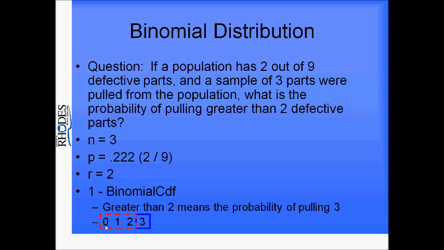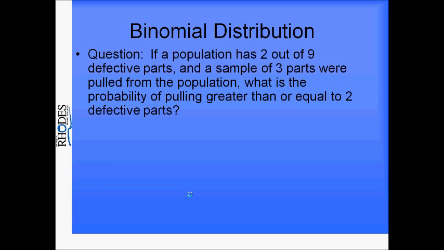You have to subtract out the probability of 0, 1, and 2. So that's why you choose 2. So you add this probability up and subtract it from 1 to get this probability. Kind of tricky. But when you draw it out so that it makes sense to you, it should be pretty straightforward. You just got to draw it out and make sure you read the English very carefully.